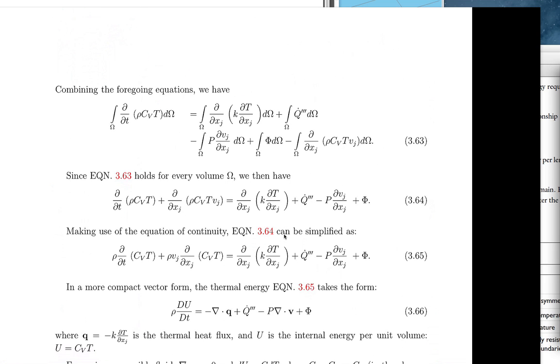Then we can combine the previous equations, and we get the rate of change of rho Cv times T to be equal to the divergence of k times the gradient of the temperature, plus the internal energy that is generated in the volume, and then we have the work done from the mechanical forces that we talked about, the Navier-Stokes equation, and then we have the convected energy through the boundary.